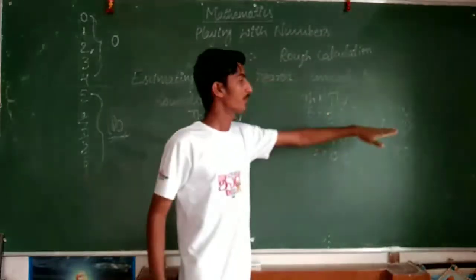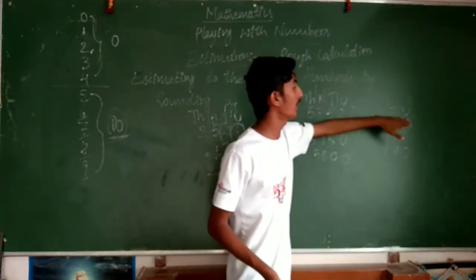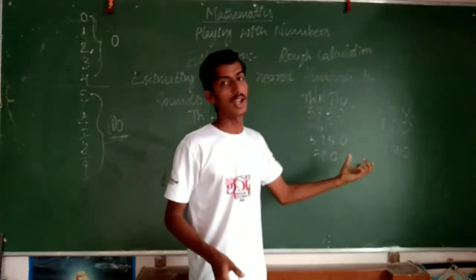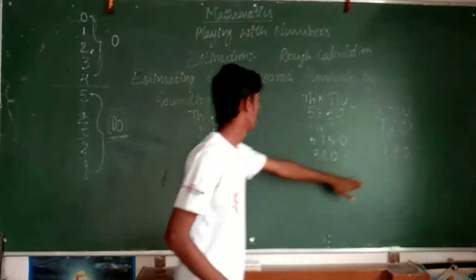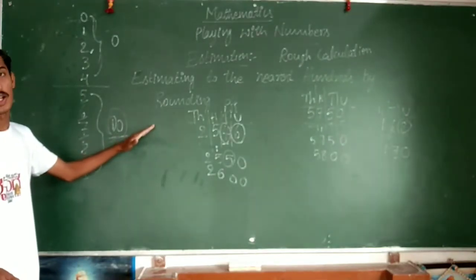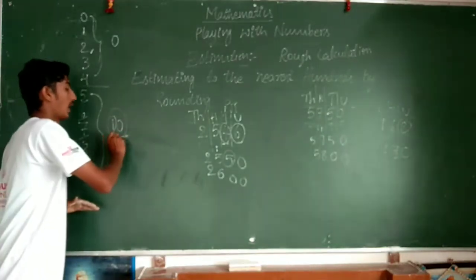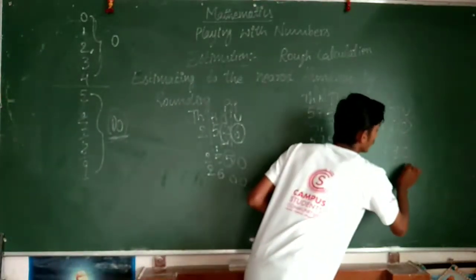We make a 0 in unit place. Similarly, we have to make a 0 in 10 place also. Then in 10 place, we have 7. 7 also comes across 10th division. That means we can write it as a 10 instead of 7. 0.